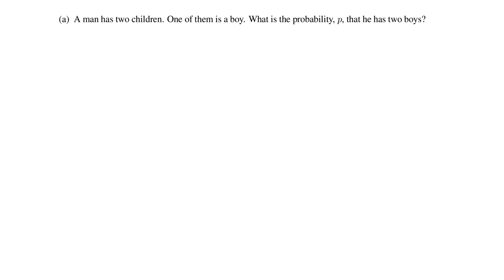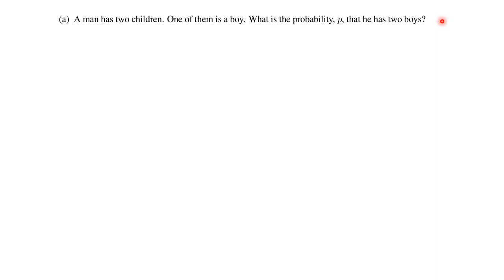Now here's a very simple problem to do with probabilities. A man's got 2 children, and he tells you that one of them is a boy. What is the probability, let's call it P, that he has 2 boys? Now there's nothing special about this problem.